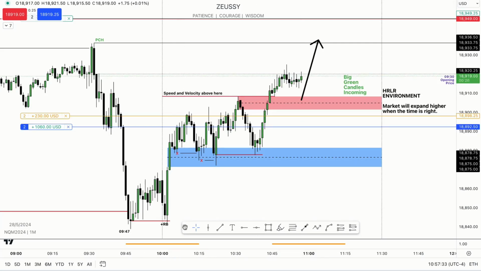So far, no invalidations have been met. The invalidation for a continuation towards the upside would be the displacement below this upclose candle. I want to see a strong close above that 930 opening price. That really signals, okay, we're going to see speed now.